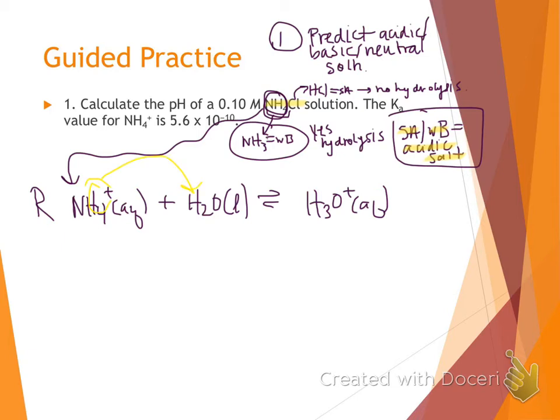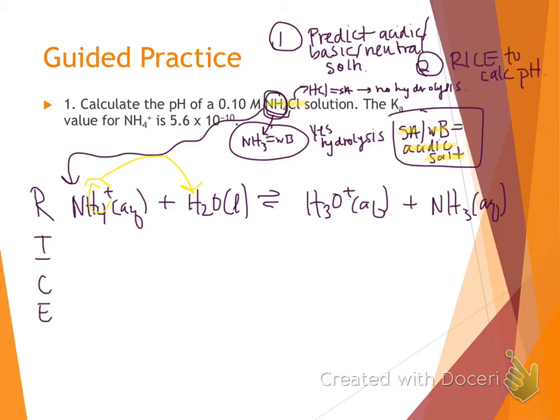Then we're going to have our leftover, which is our conjugate base, ammonia. Once we get to here, we're ready to fill out the rest of our RICE table to go into our second step here, which is calculating the pH.